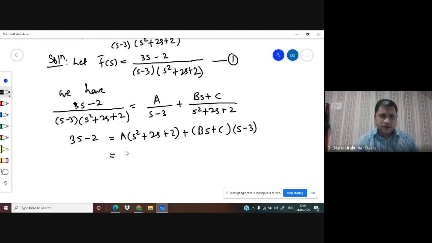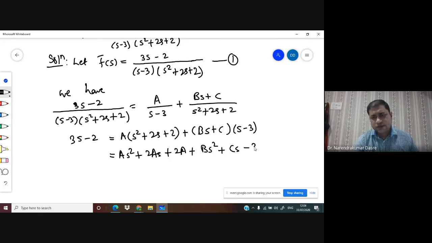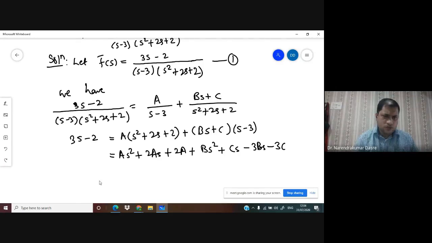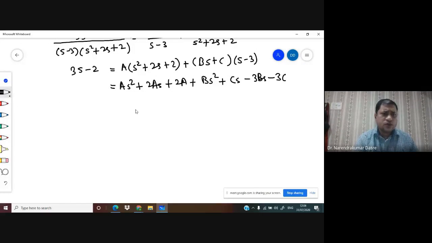Simplifying this, we have As square plus 2As plus 2A plus Bs square plus Cs minus 3Bs and minus 3C. Now collect these terms, with the same power of s.